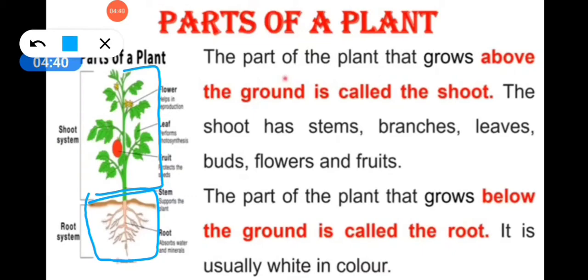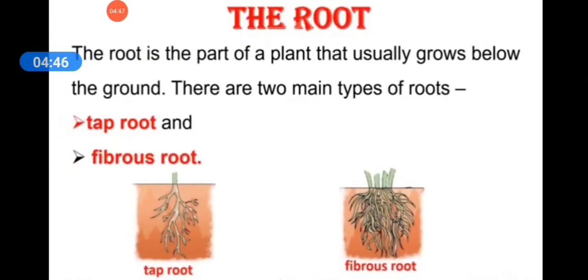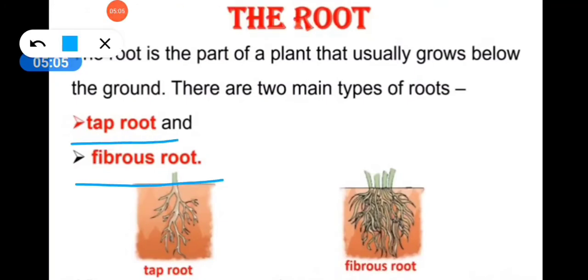It is usually white in color. The root is the part of the plant that usually grows below the ground. There are two main types of roots. What are they? They are taproot and fibrous root.